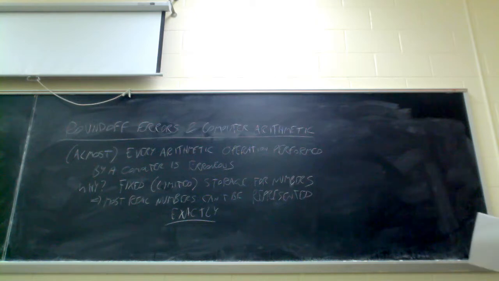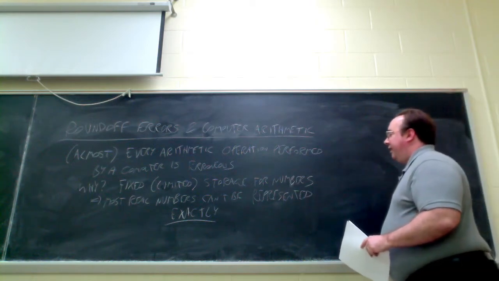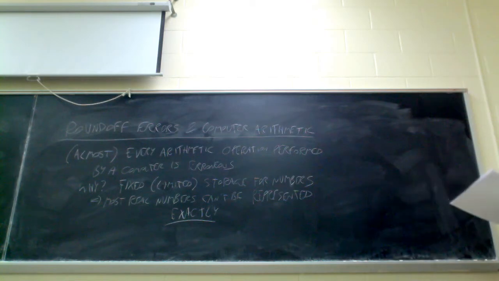So what I'm going to do is discuss what are called floating point numbers. This is the way that numbers are typically represented on a computer, and in particular the IEEE double precision floating point number system, which is one that computers typically use.